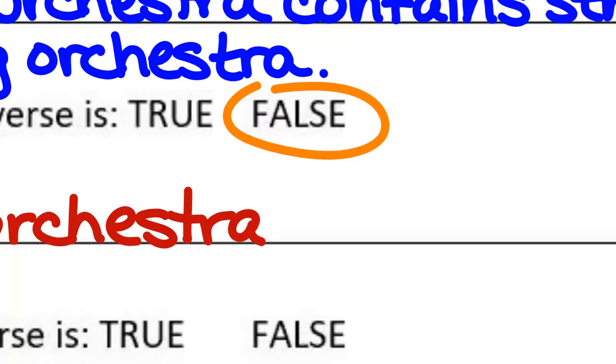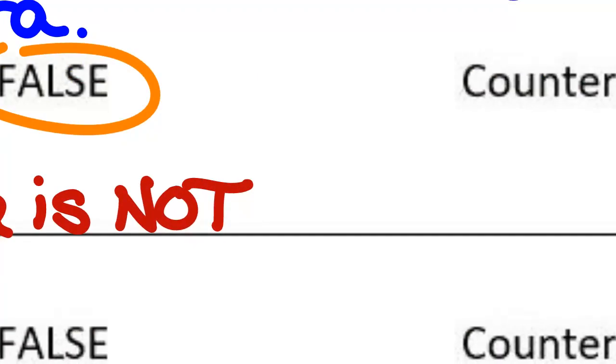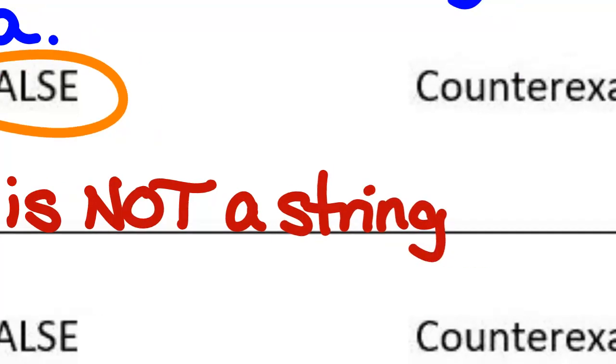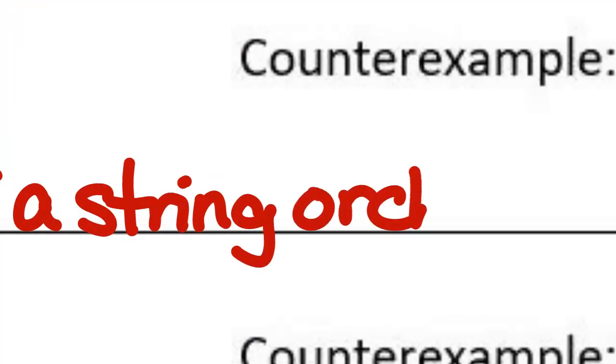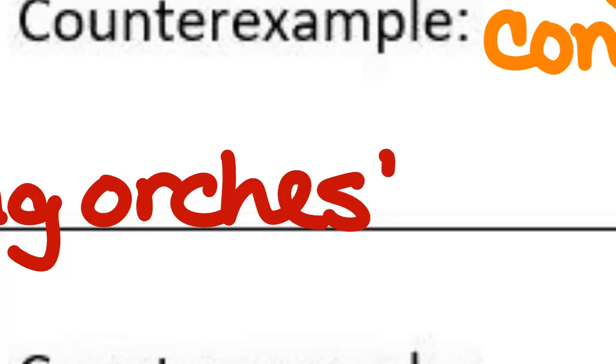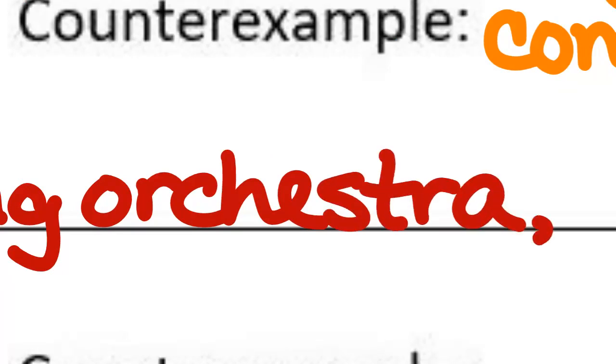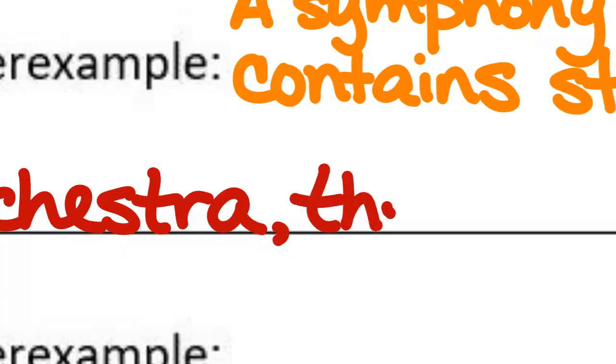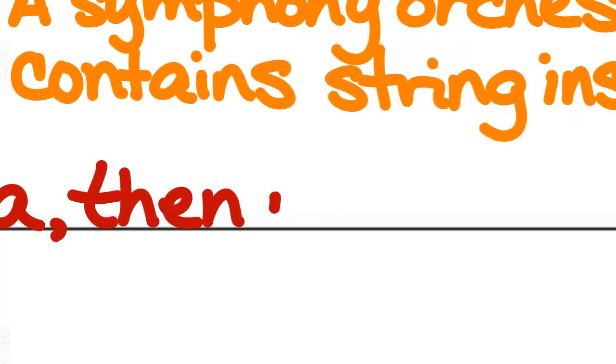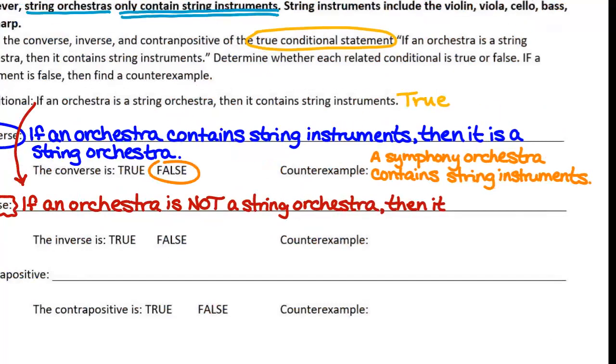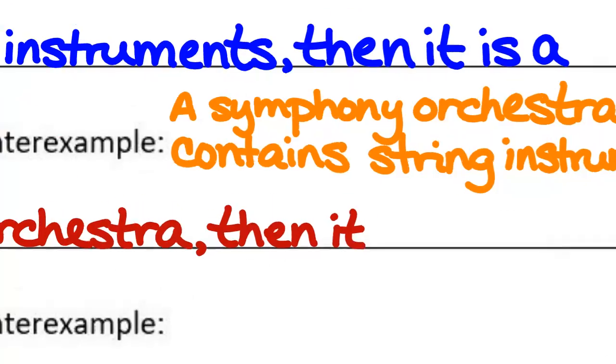If an orchestra is not a string orchestra, then what? Yes. Then it does not contain string instruments.